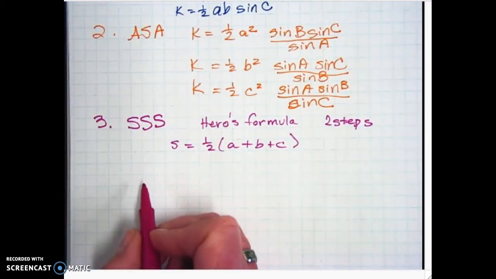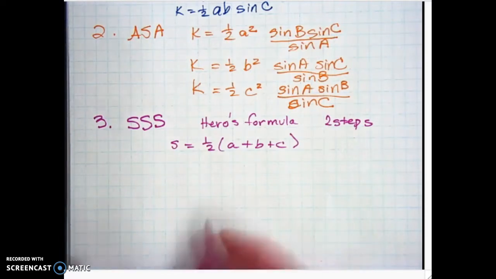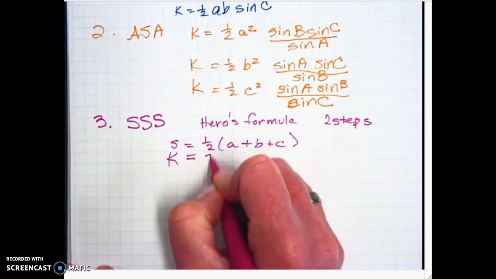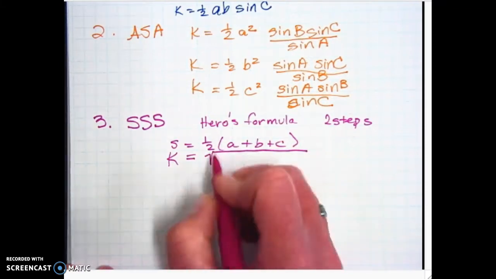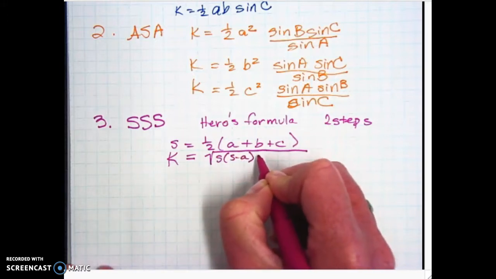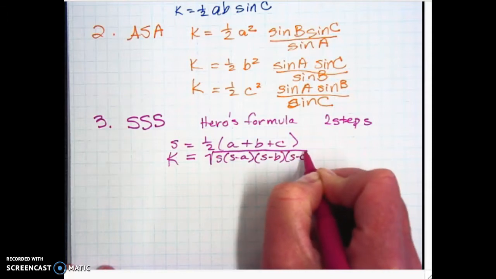Then you plug it into the formula: K equals the square root of S times S minus A times S minus B times S minus C.